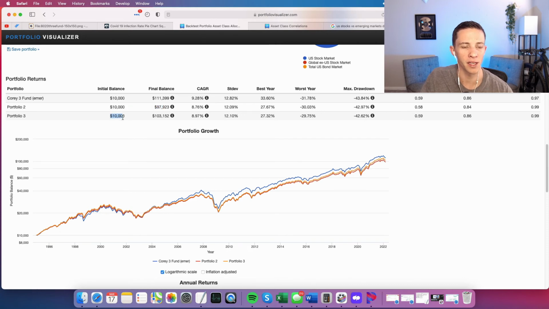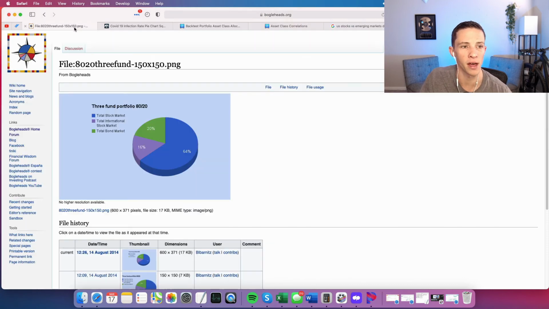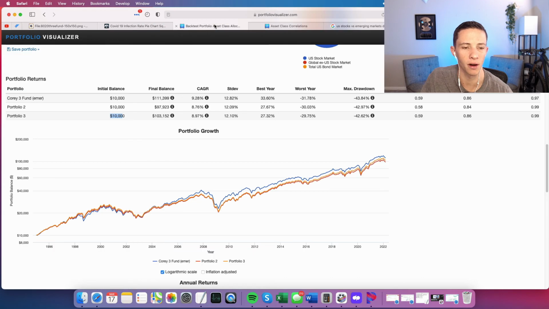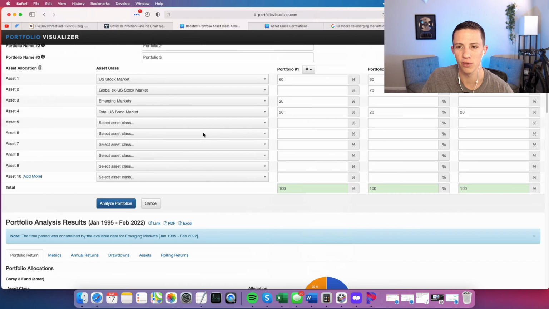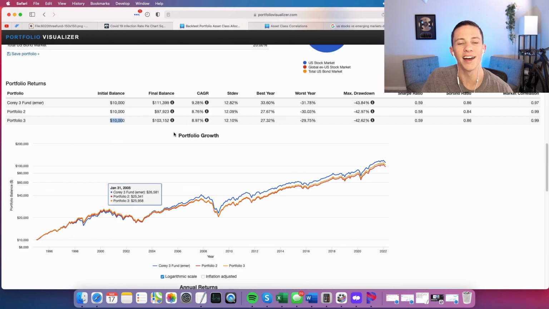And then finally, the other 3 Fund portfolio that I found on the Bogleheads website there, which had 64% US stocks, 16% global excluding the US, and then 20% total bond would have grown to $103,152 at an annual growth rate of 8.97%.